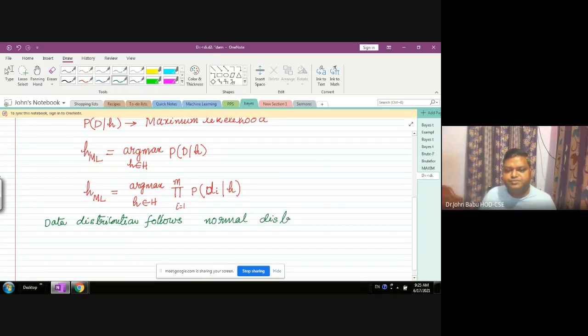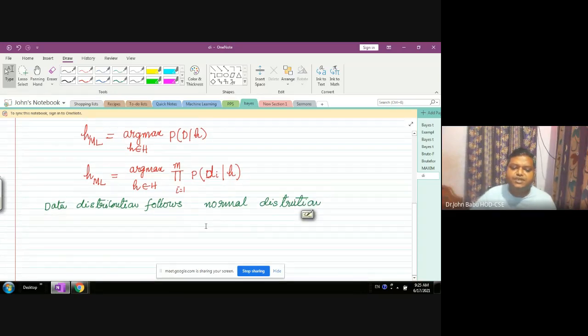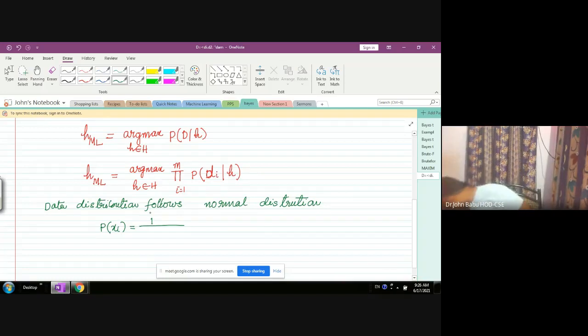Normal distribution is a bell-shaped curve with mean 0 and standard deviation 1, and the probability density function, PDF, is given as 1 by square root of 2 pi sigma square, e to the power of minus half, xi minus the mean by sigma, whole square.